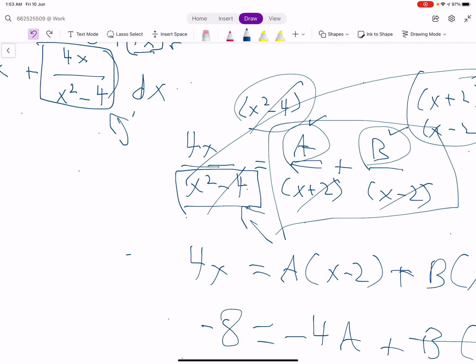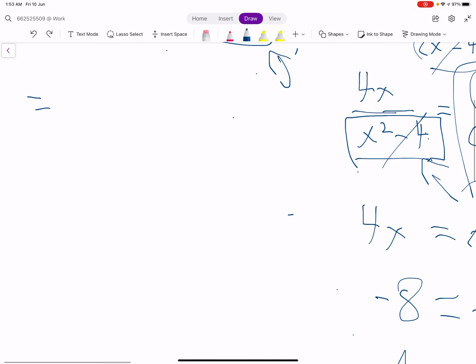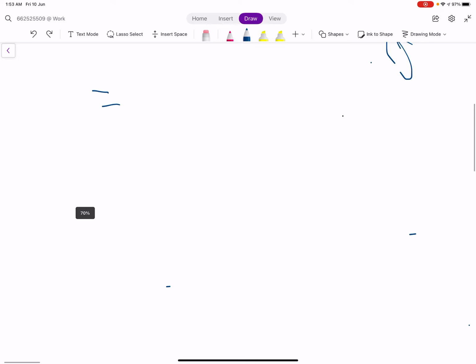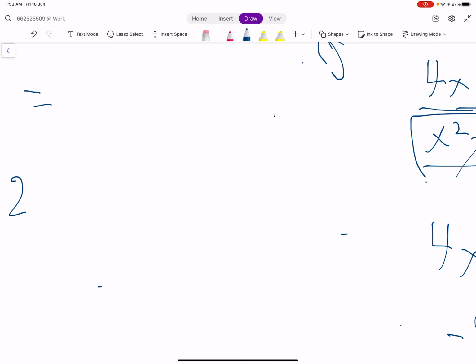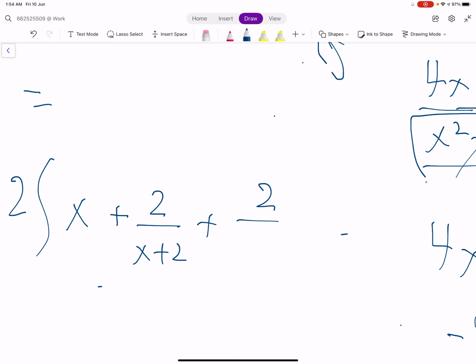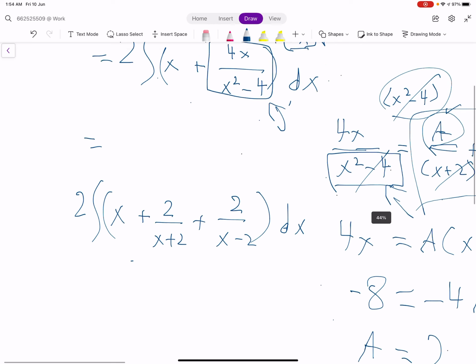I made a line by mistake. Now we have to write everything down. 2 times the integral of 2 over x plus 2 plus 2 over x minus 2, all multiplied by dx. Never forget the dx.